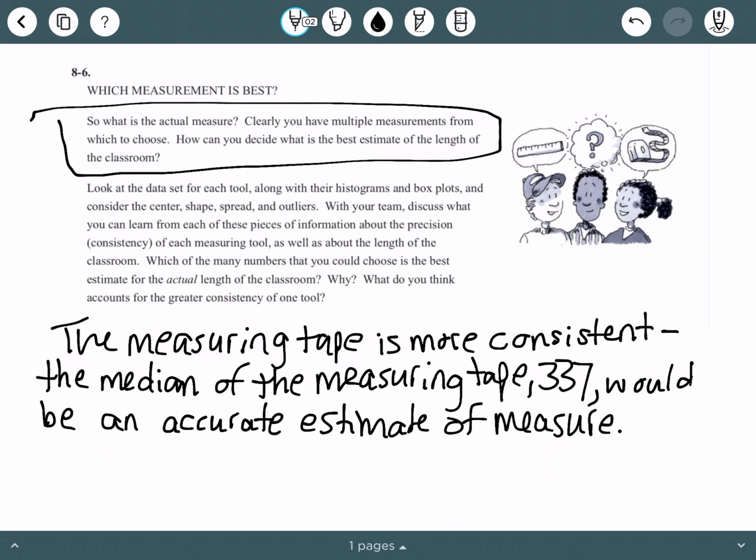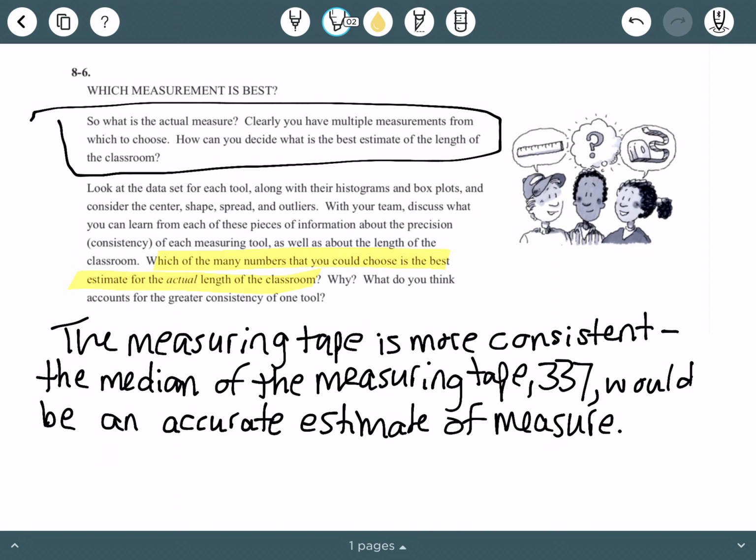All right, so we've answered the first part of this question. So we want to talk about which out of all the numbers would be the best estimate for the actual length of the classroom. We actually did talk about that in our answer. So, we said, hey, the measuring tape is more consistent.